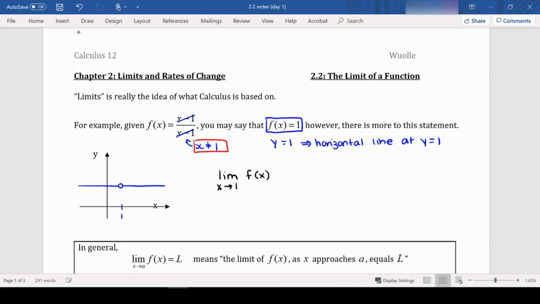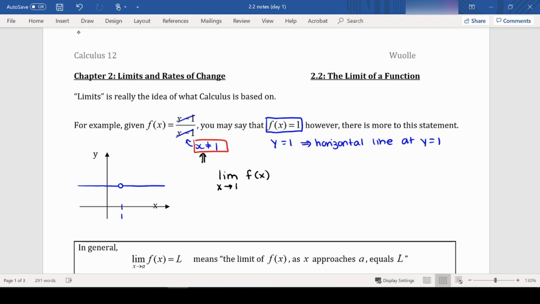This means we're going to take a look at this function, and it's almost like we're walking along the edge of the line and we're getting as close to an x value of 1 as possible. We know we can't ever actually reach that value because of this statement here. We said x can't equal 1. So we never actually get exactly to an x value of 1, but we're going to get very close.